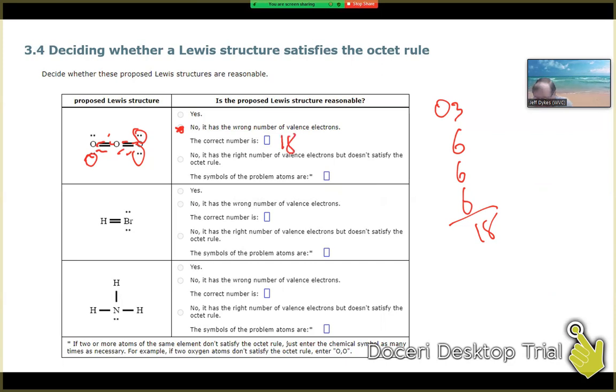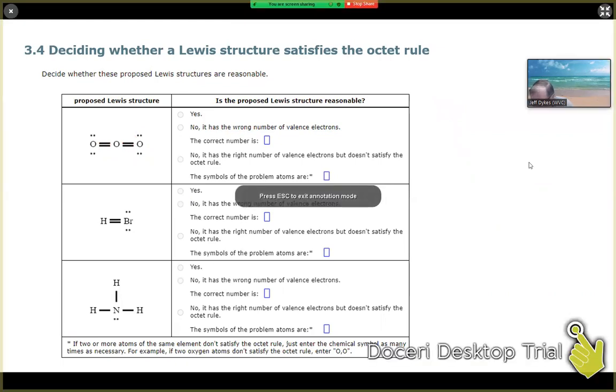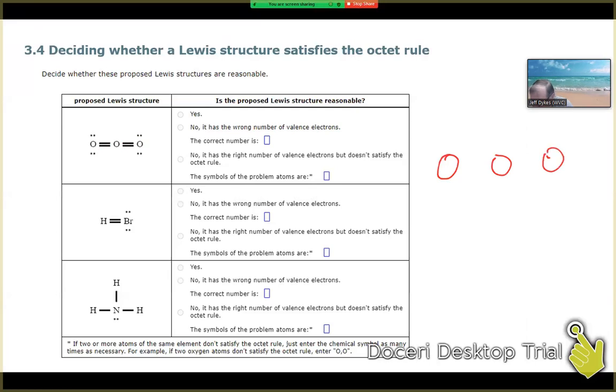Let's look at how to draw this structure. We have 18 valence electrons. We spread out our 3 atoms and connect them with a pair of covalent bonds. We have 18 electrons, and we use 1, 2, 3, 4, so minus 4 gives me 14 remaining.